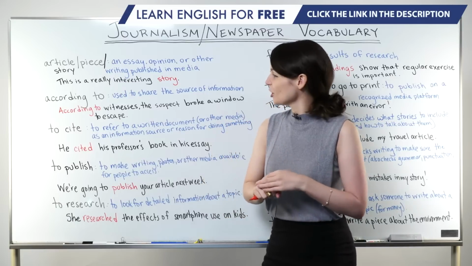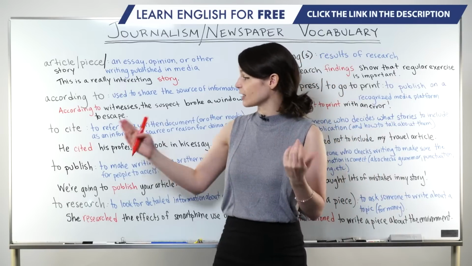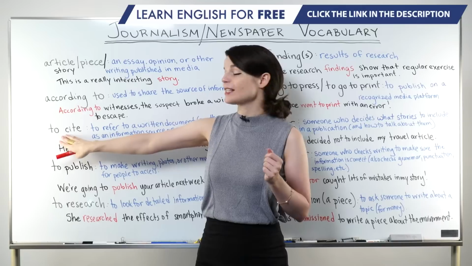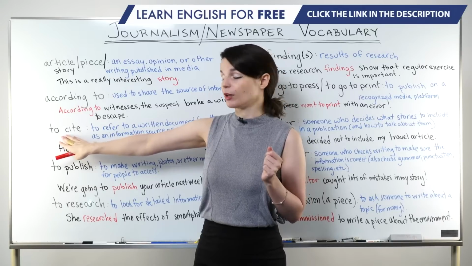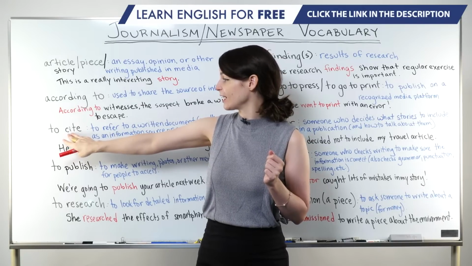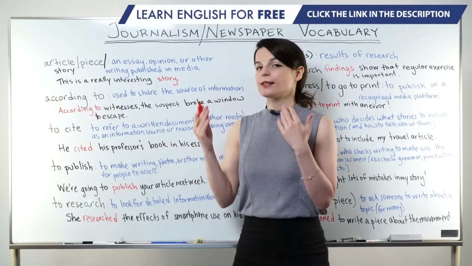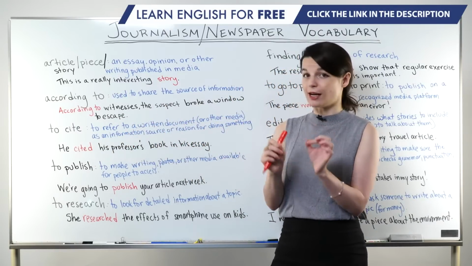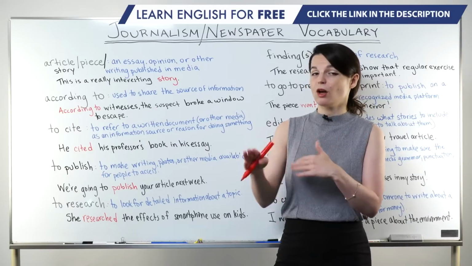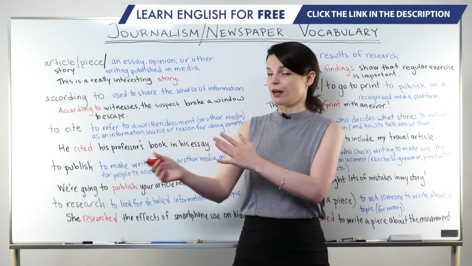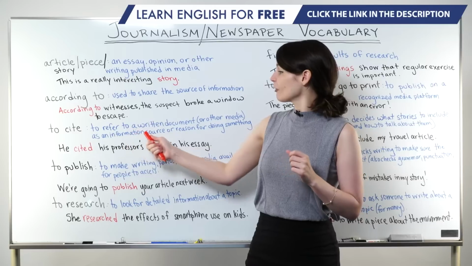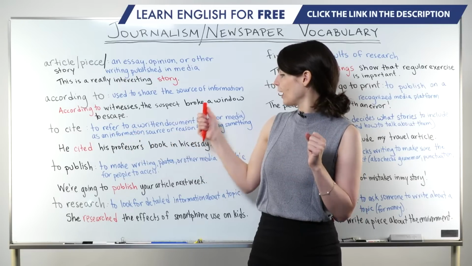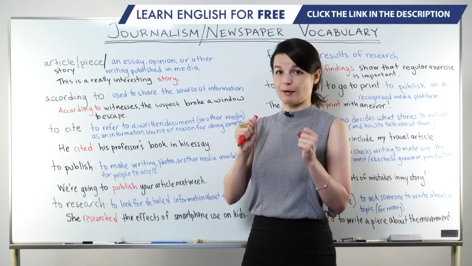Okay, let's continue to the next expression, or the next verb in this case, to cite. To cite. The pronunciation here is cite. C-I-T-E. So to cite something means to refer to a written document, usually a written document, but it can be other media as well, as an information source or a reason for doing something.